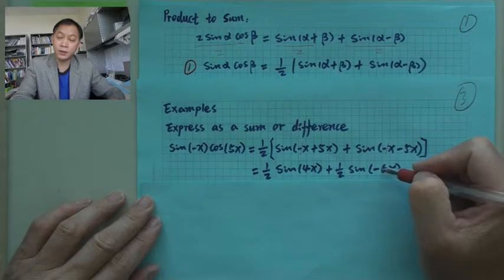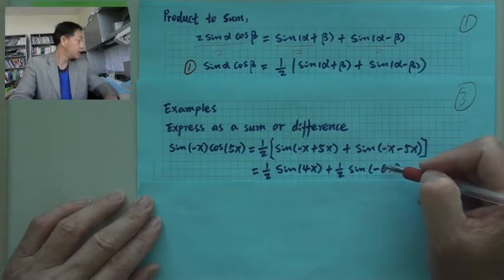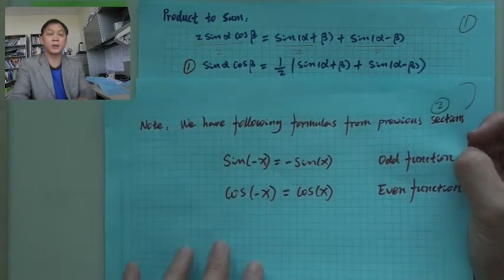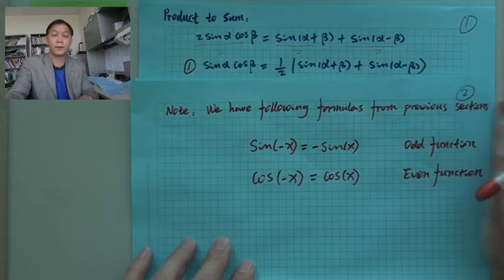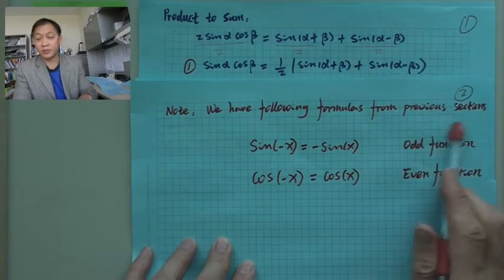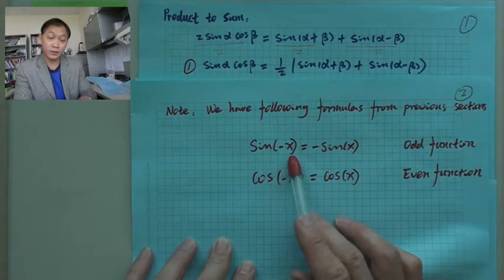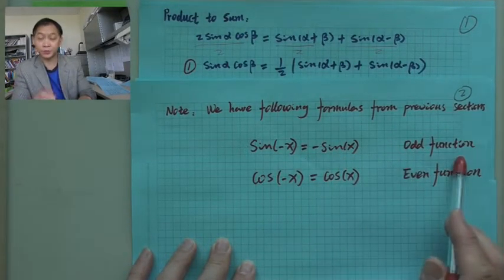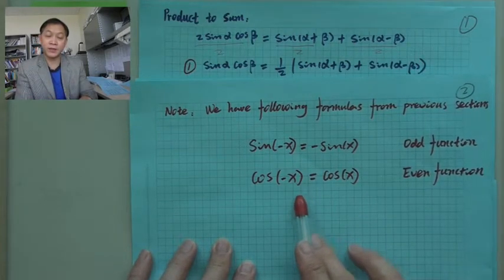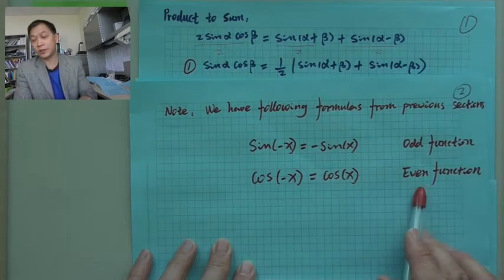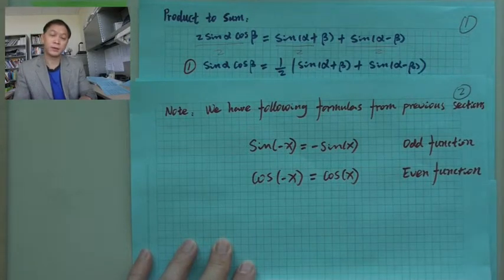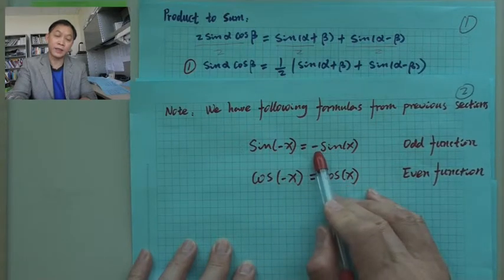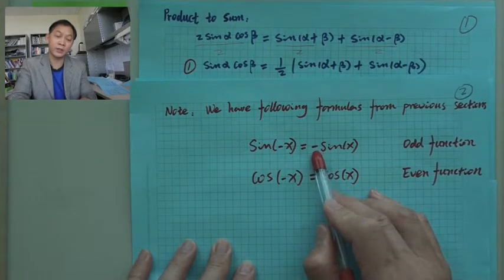We don't like this negative sign inside. Remember, we are following formulas from previous sections. Sine negative x is negative sine x. Sine x is an odd function. Cosine negative x is just cosine x, an even function. So if there is a negative sign inside, for sine, the negative sign goes out.